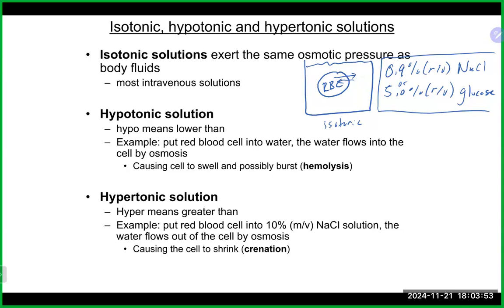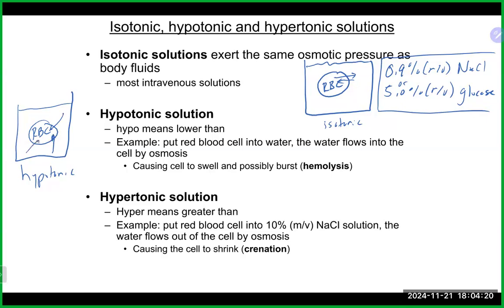And that is a bit of a problem, because if you take our red blood cell here and pop it into a hypotonic solution, because outside of the cell is less concentrated than inside, osmosis is going to kick in. And what's going to happen is the outside of the cell is going to decide the cell is way too concentrated.